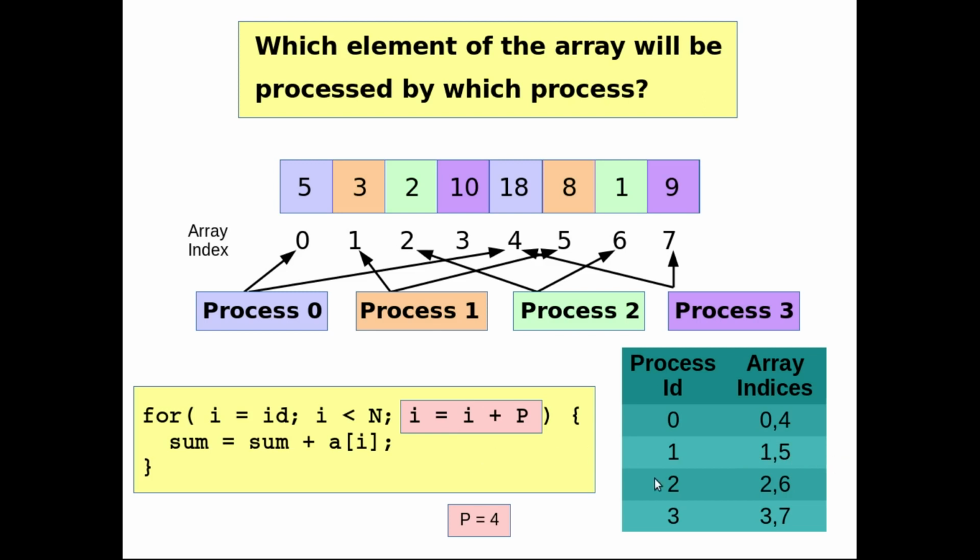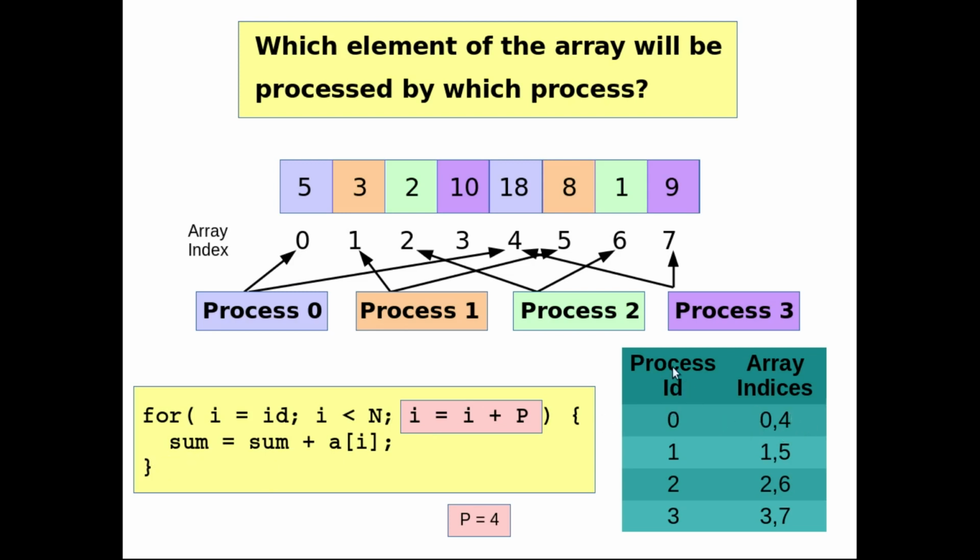And similarly for process 2 it will be 2, 6, 10, 14, 18 and so on. And for process 3 it will be 3, 7, 11, 15 and so on. However, our maximum value n is 8, so we will stop at 0, 4 and then we'll stop at 1, 5, because if the value is greater than n we will exit out of the loop.